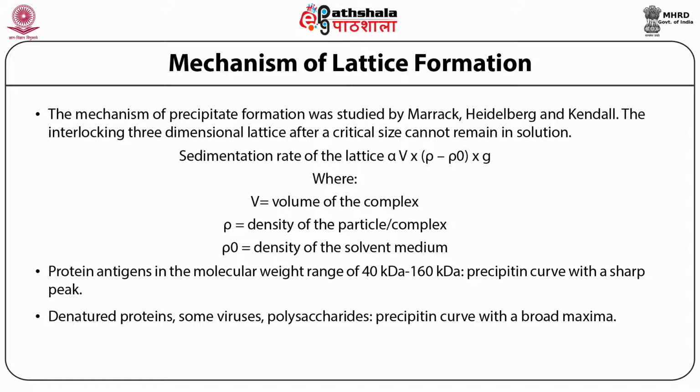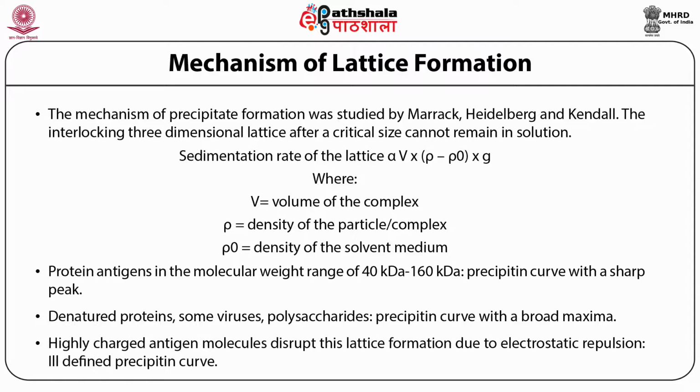Amino acid composition at the antigen binding site of the antibody plays an important role in forming this lattice. Similarly, highly charged antigen molecules disrupt this lattice formation due to electrostatic repulsion and do not form a well-defined precipitin curve.